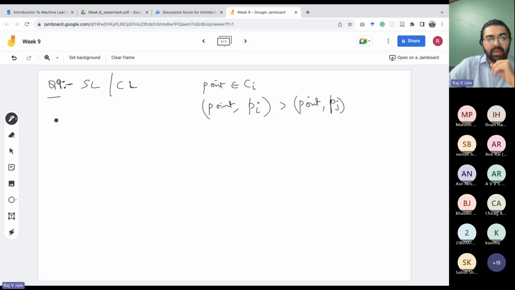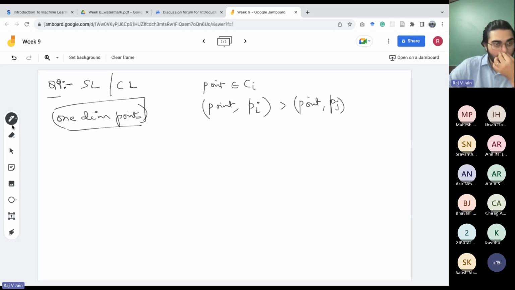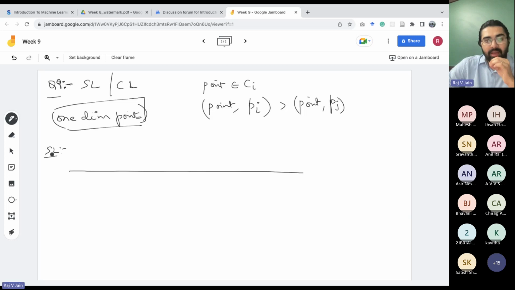So, to simplify matters, let's consider one-dimensional data points, right? If you can prove it happens in one dimension, then it is very easy to prove it will happen in higher dimensions, right? So let's say this is a line that we have. Can you give me examples for single linkage where this can happen?